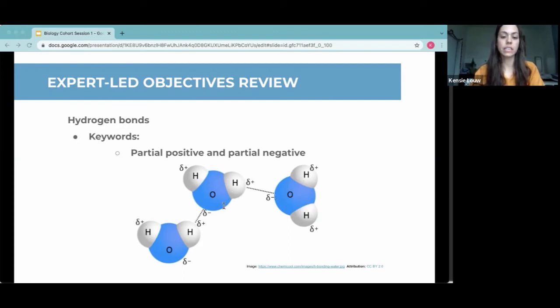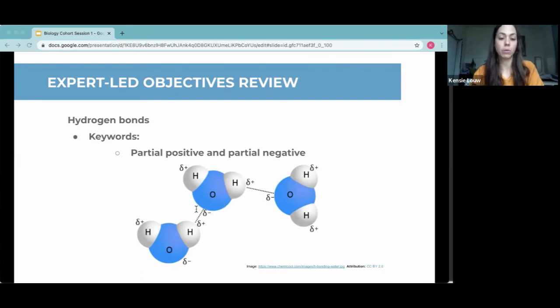So the difference in electronegativities between hydrogen and oxygen creates a partial negative side called a negative dipole on the oxygen, and a partial positive side called a positive dipole over on the hydrogen. The electrons are more likely to hang out on the electronegative atom, the oxygen, and less likely to hang out near the hydrogen.